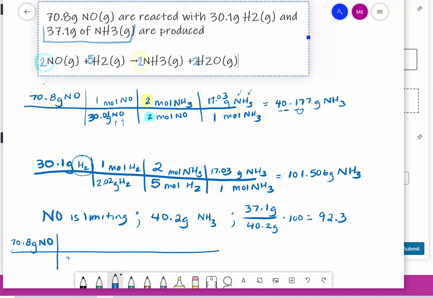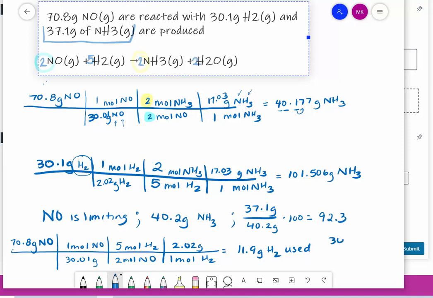So I convert my grams of NO into moles of NO. Then I convert my moles of NO into moles of H2. I then convert those moles of H2 into grams of H2, and I get a value of 11.9 grams of H2 were used in order to use up my 70.8 grams of NO. So now I take what I started with.